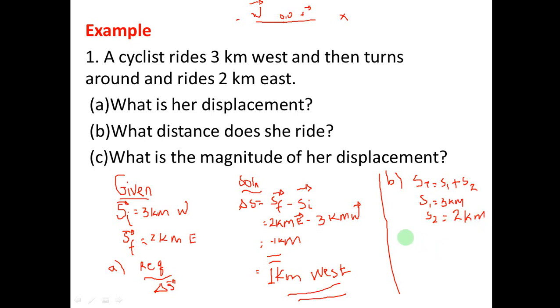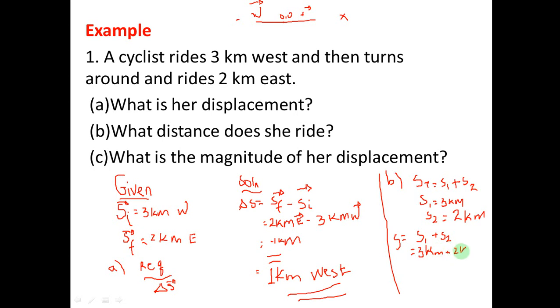So ST, the total distance, which you can also call S, is S1 plus S2. S1 is 3 kilometers plus S2, 2 kilometers.